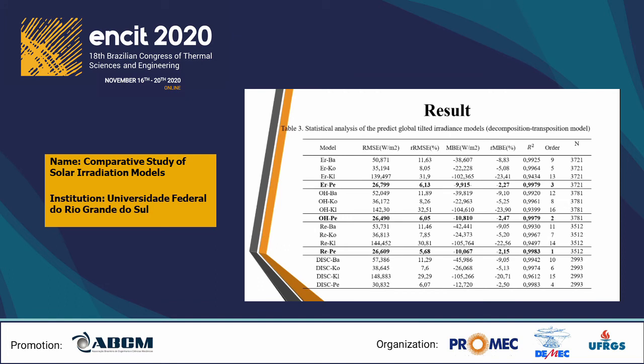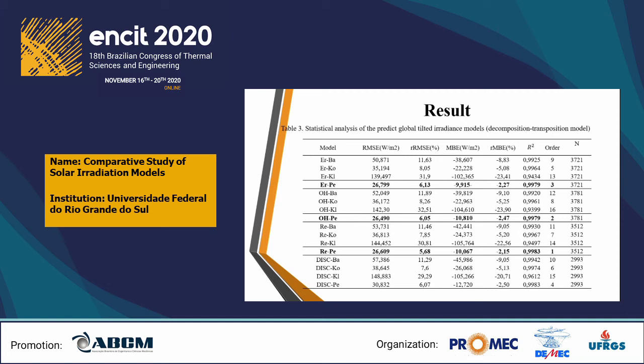In the case of RMSE, the error ranges between 26.49 and 108.883 watts per square meter for the Orgill Perez and Erbs Klucher models respectively, while the MBE ranges from -9.915 to -105.765 watts per square meter for the Hertz Perez and Erbs Klucher models respectively.